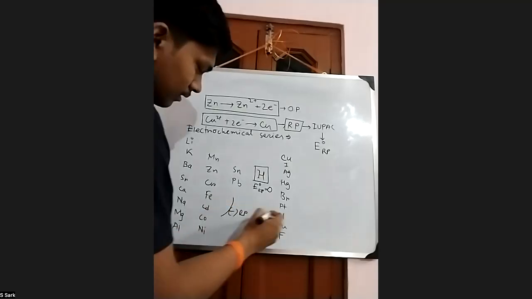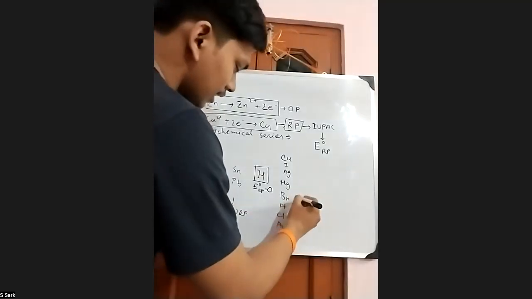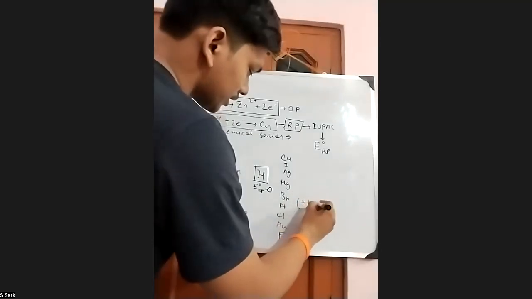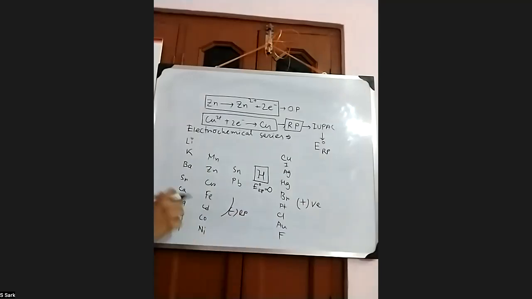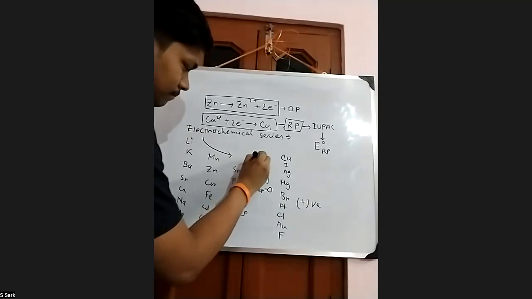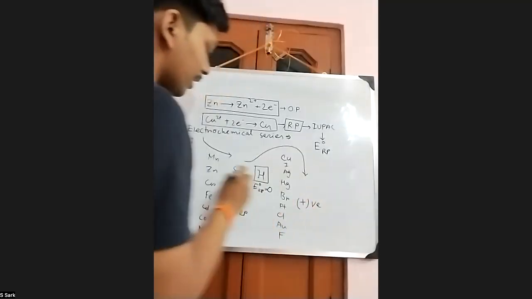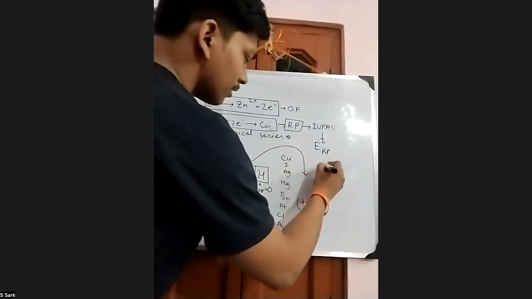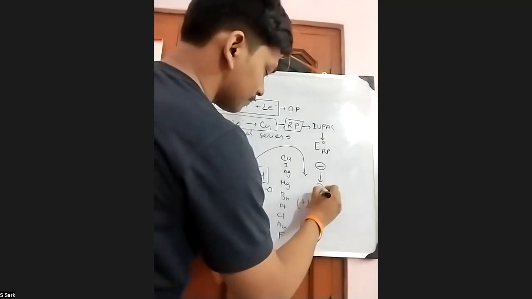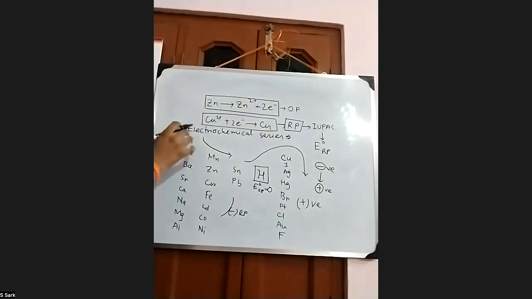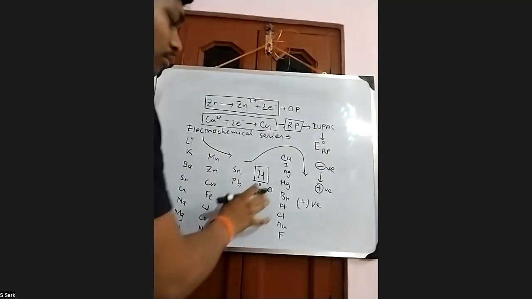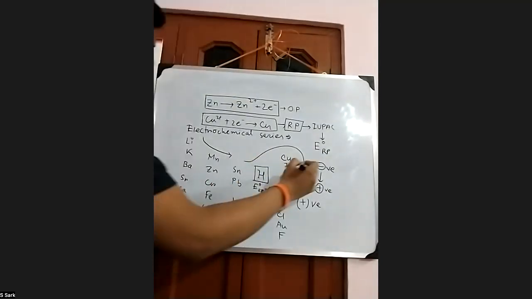So in my electrochemical series, it goes like this, from negative to positive. We take every value as reduction potential. So this is the reduction potential, ERP, negative to positive.